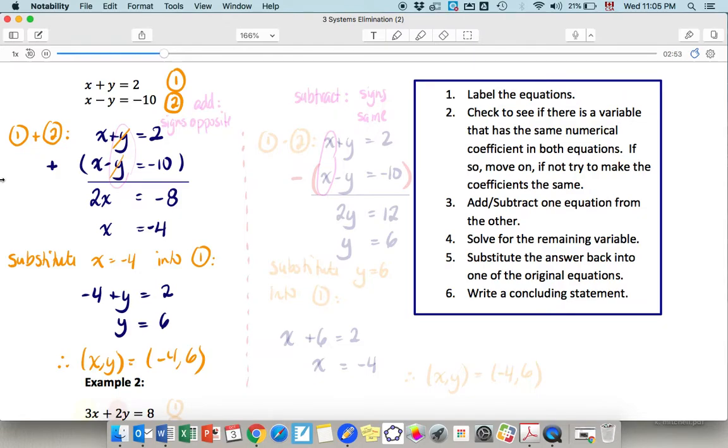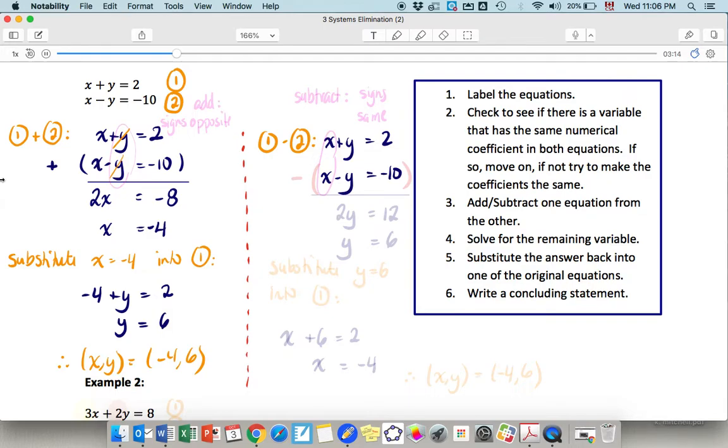Let's look at what would happen if I were to subtract these two equations from each other. So now I'm looking at equation 1 minus equation 2, and again, just because I like to have my equations aligned, I'll rewrite them. So x plus y equals 2, and x minus y equals negative 10. So be careful here.